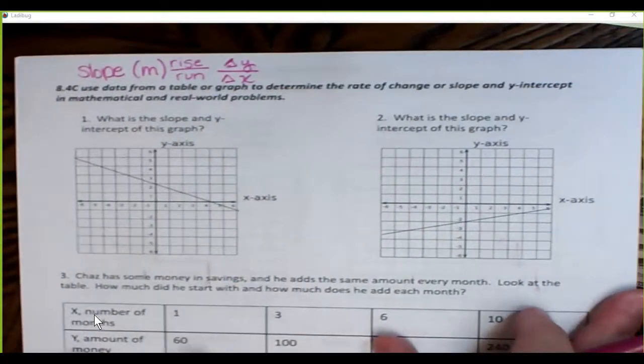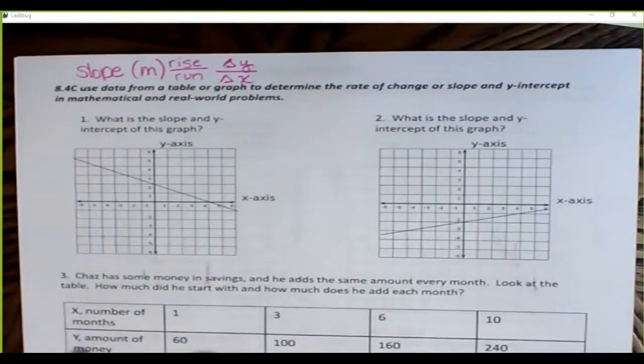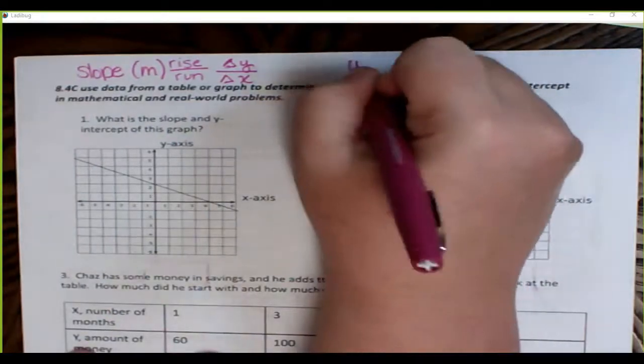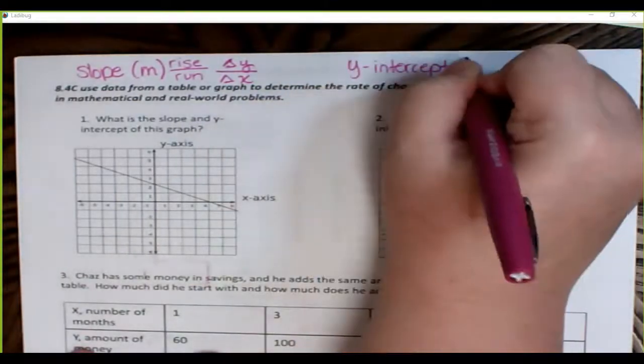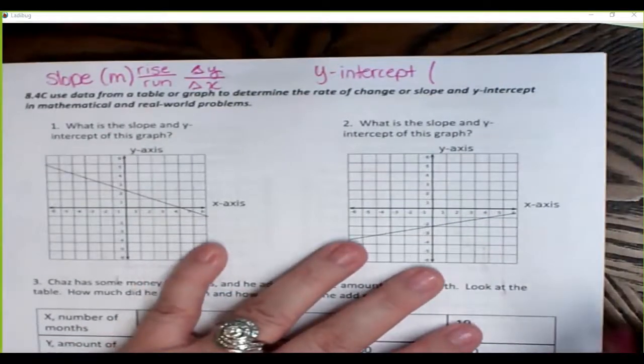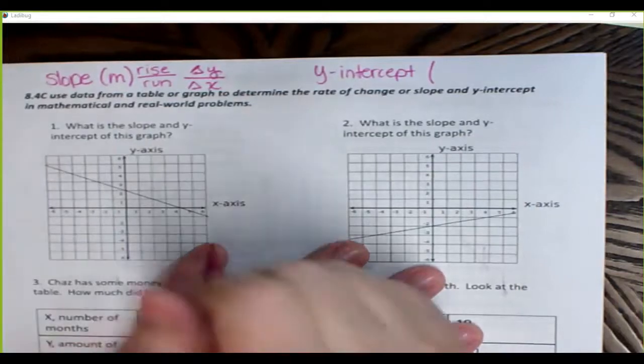The second thing we need to remember is, what is a y-intercept? The y-intercept is what? It is the letter B. I'm going to save that for tomorrow because we'll get into the equation tomorrow.